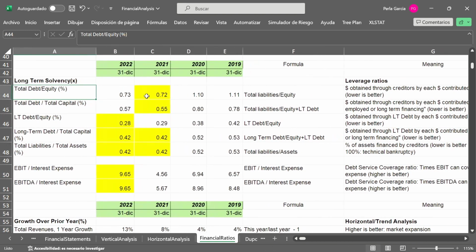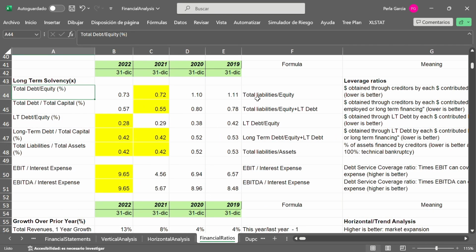The first one means that in equity, the total liabilities, for each peso in equity, how many pesos we can pay for the total liability. So here, lower is better. The lowest is in 2021, the same as the total debt and total capital.